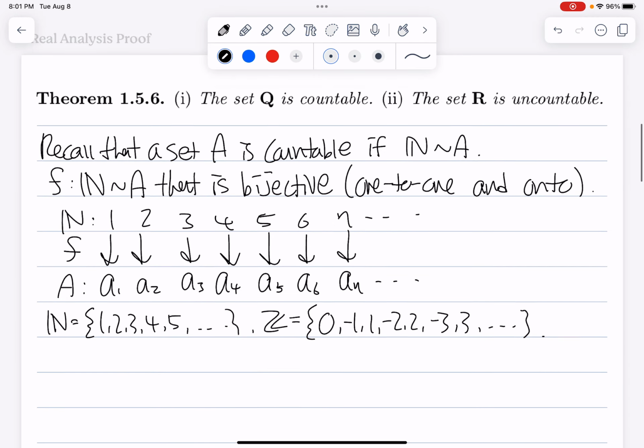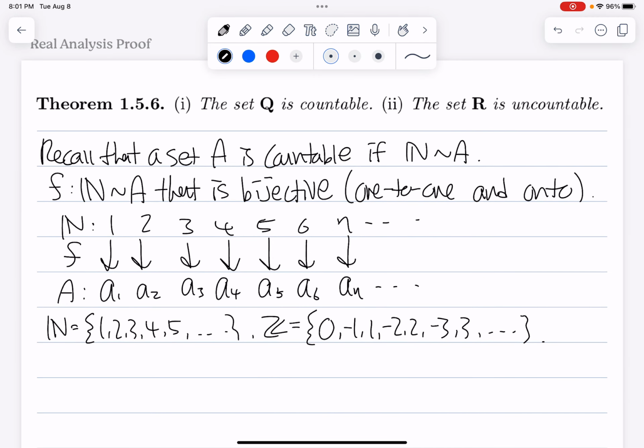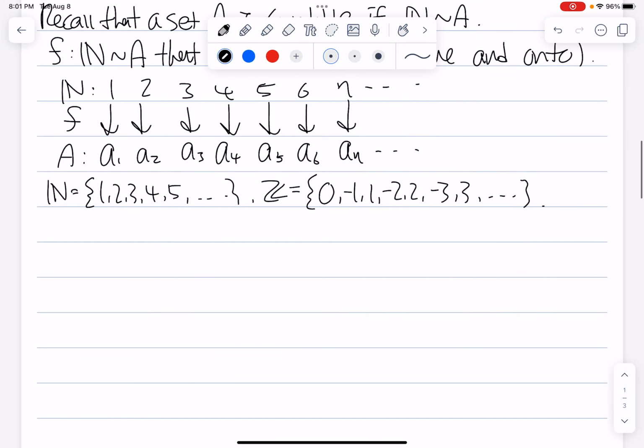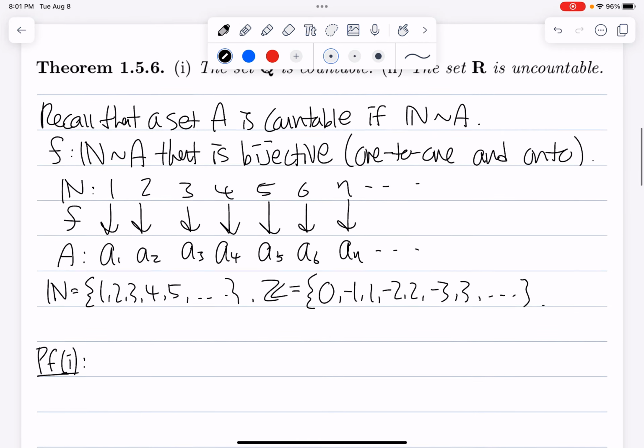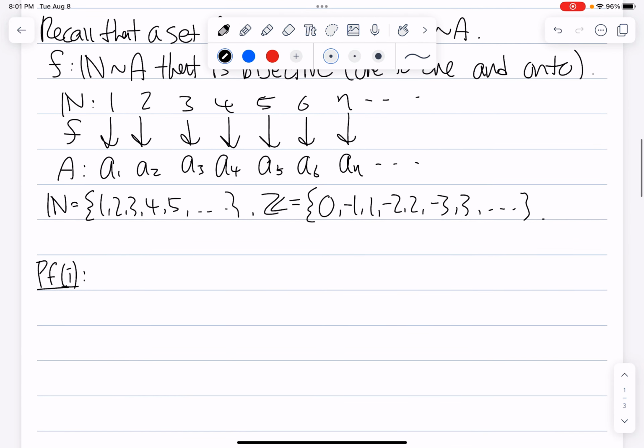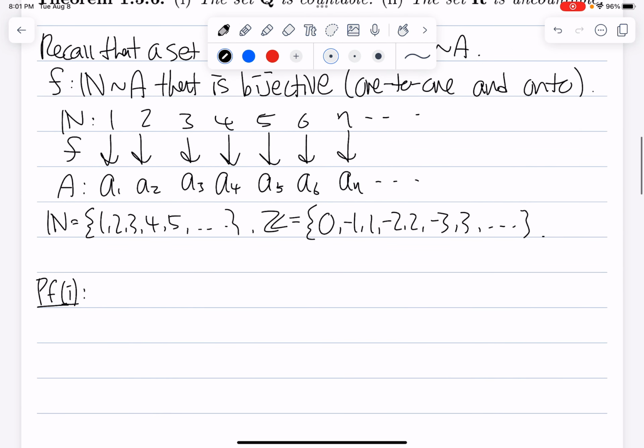All right, what about the formal proof? How do we prove that this set of rational numbers is countable? So we'll start off with one. We want to find a function that maps the natural numbers to the rational numbers in a way that it is bijective. The trick is to do it some way like this.